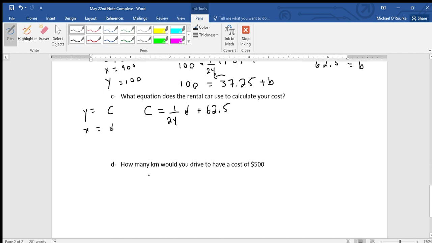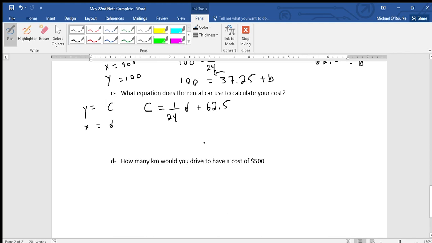Now, how many kilometers would you have to drive, so kilometers would be distance, to get a cost equal to this? So if we wrote down everything in terms of letters now, cost, distance, let's go m and b. This would be 62.5. This is 1 over 24.